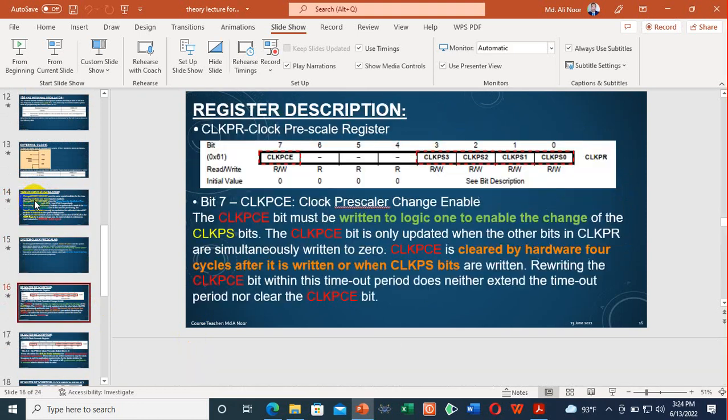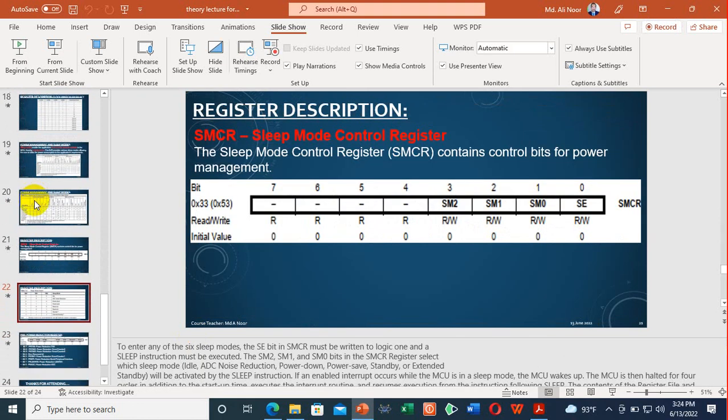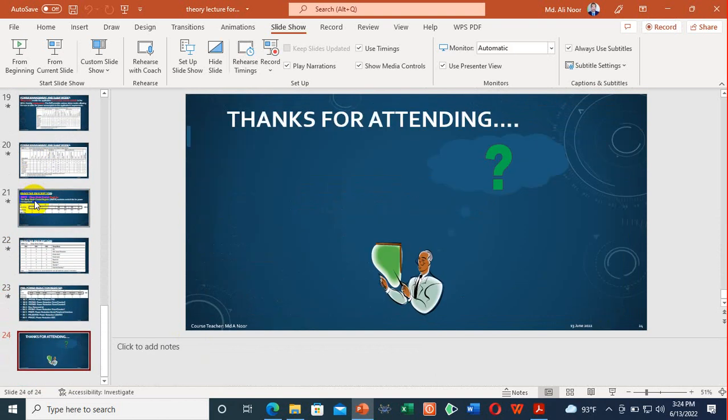So just quickly scan your slide so that we do not leave anything. I think this is the last slide.